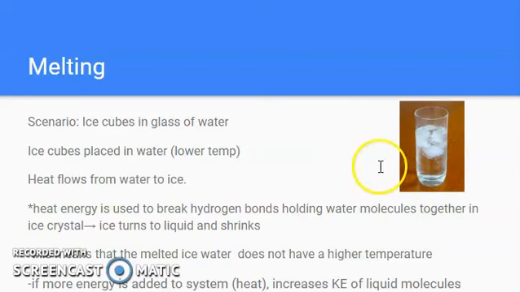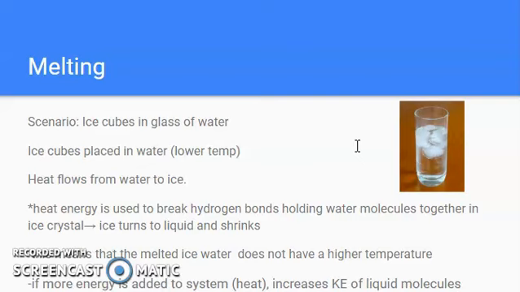The heat energy, which comes from the water, is not used to raise the temperature of the ice cubes, but is used to break the hydrogen bonds that are holding the water molecules together in the ice crystal lattice. By breaking these bonds, the water molecules can spread apart and the ice turns to liquid and shrinks.